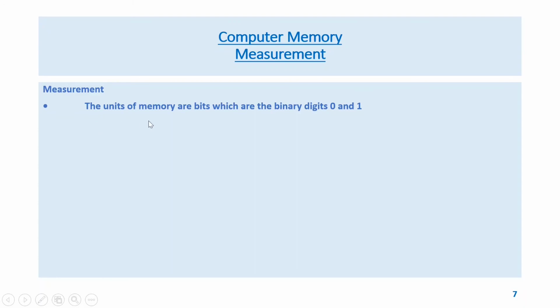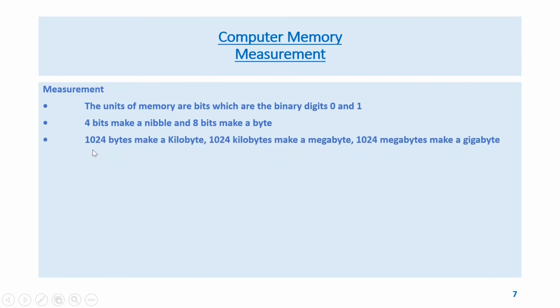The units of memory are bits, which are the binary digits 0 and 1. 4 bits make a nibble and 8 bits make a byte. 1024 bytes make a kilobyte, 1024 kilobytes make a megabyte, and 1024 megabytes make a gigabyte. 1024 gigabytes make a terabyte, 1024 terabytes make a petabyte.